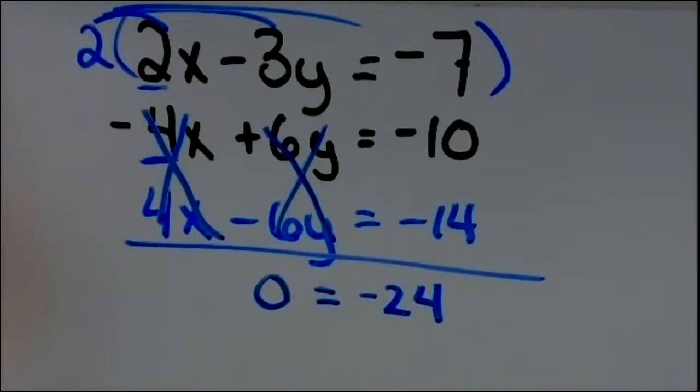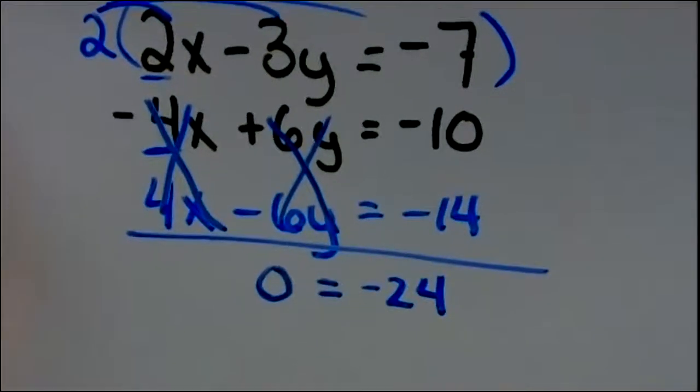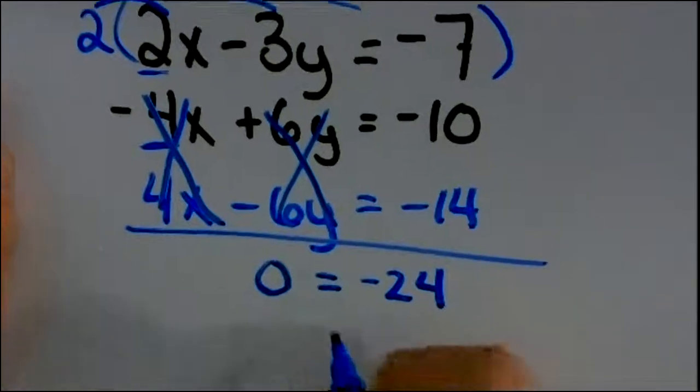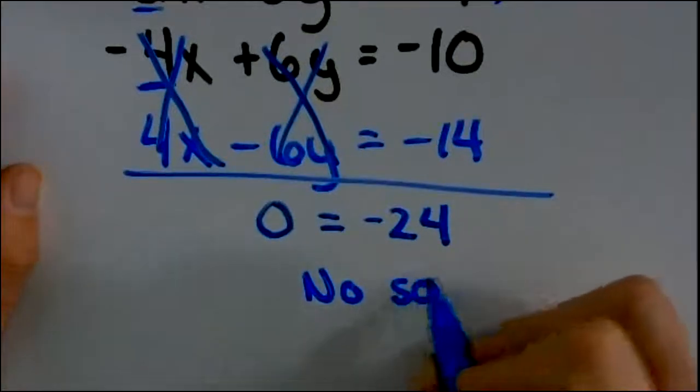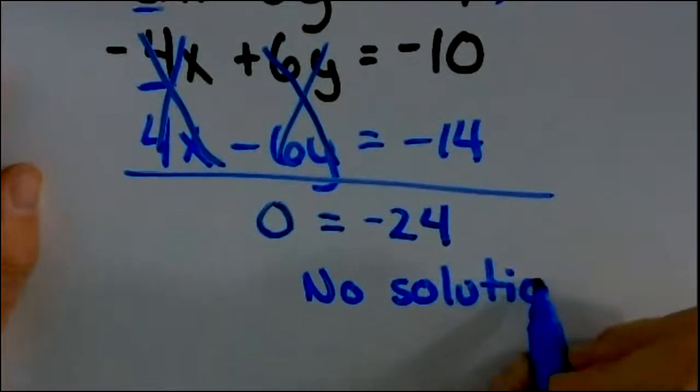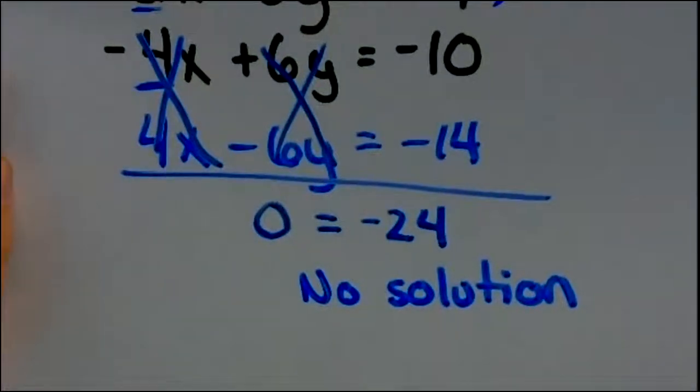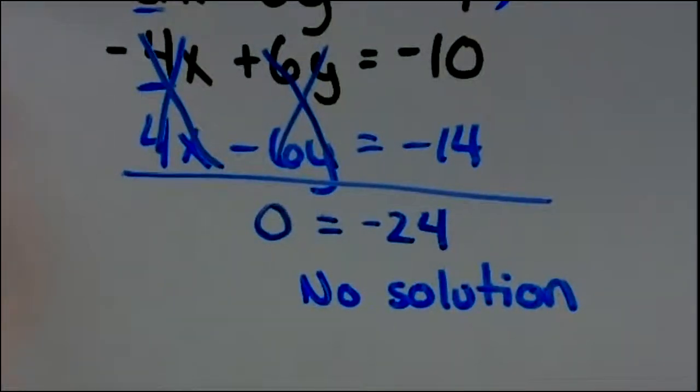When you cancel your variables out, you have two possibilities. If it's a true statement like 0 equals 0, then that's going to be infinitely many solutions. All numbers, all real ordered pairs would work in that. If you get a false statement like 0 equals negative 24, that's not a true statement, so that means there is no solution that would work in that system, right? So that's going to be a no solution problem.